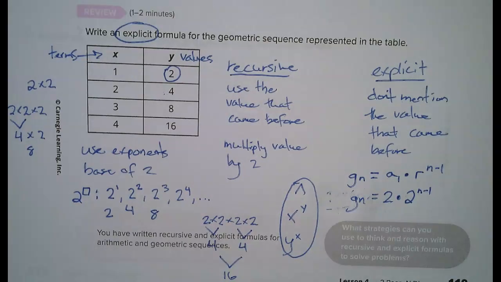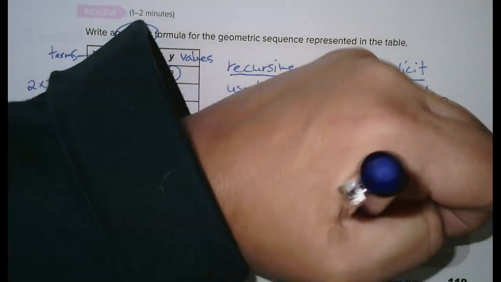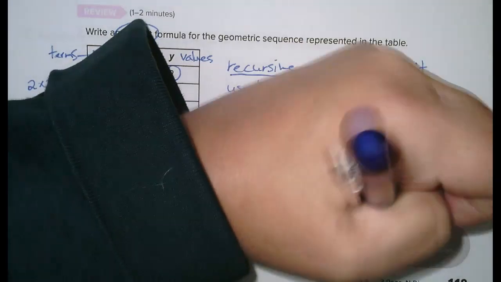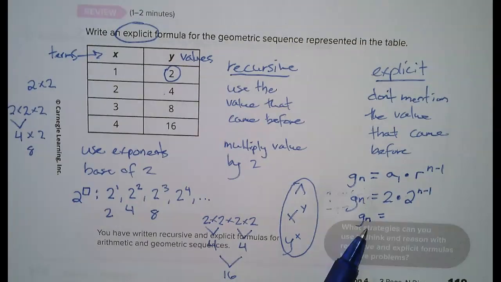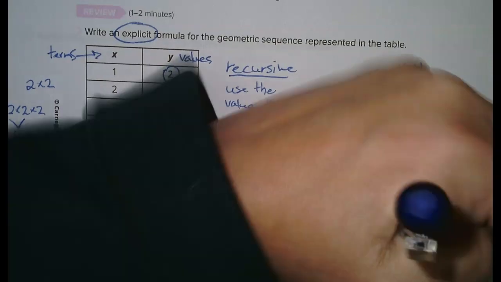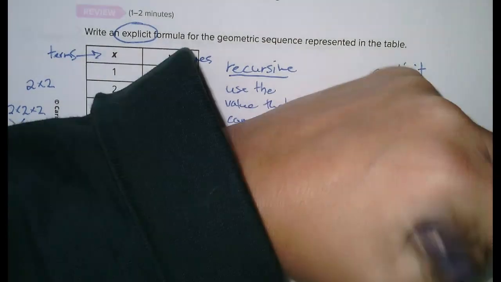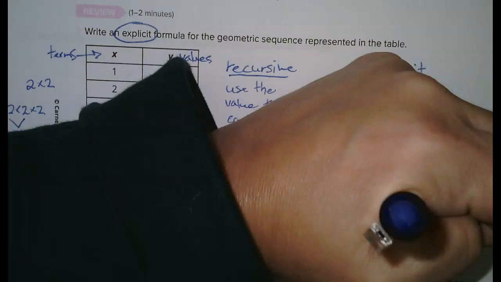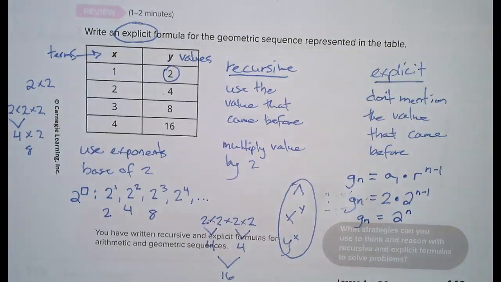What you might also notice, if you are lucky and observant, is you might see another way to write this. Instead of having these 2's here, it's also the same mathematically as saying the term you're looking for will be 2 raised to the n power.